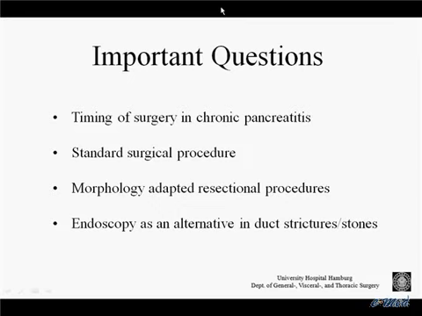I think so far a standard surgical procedure has not been defined, and I think the issue which has been resolved is whether endoscopy is an alternative for duct strictures or stones. When you are dealing with a dominant stricture, this is the ideal case for endoscopy. But when you're dealing with a complex case, like what we have seen in our practice, then this is no place for endoscopy.